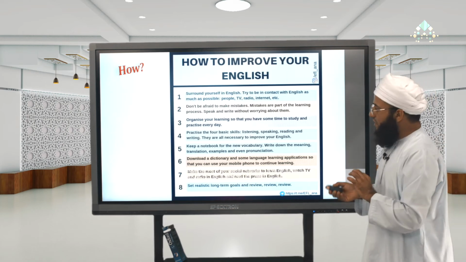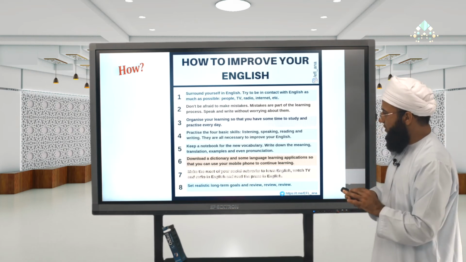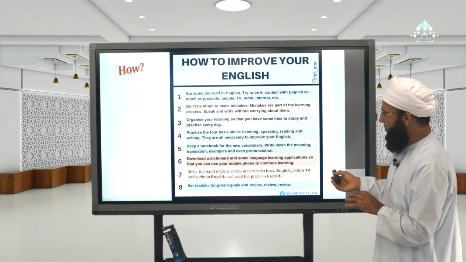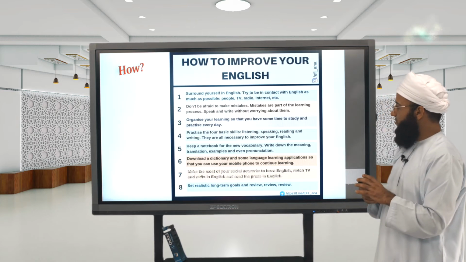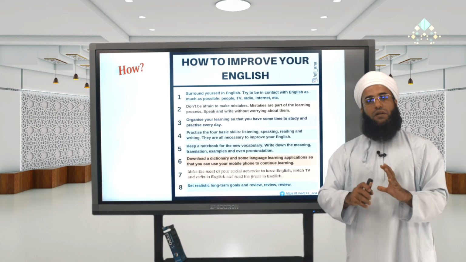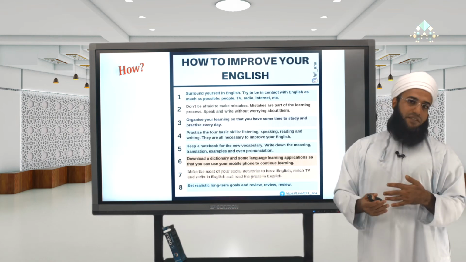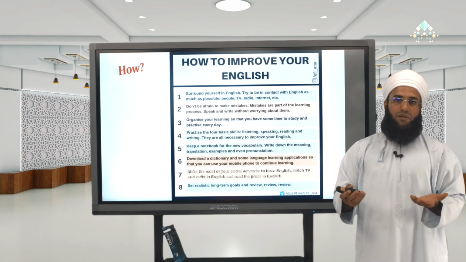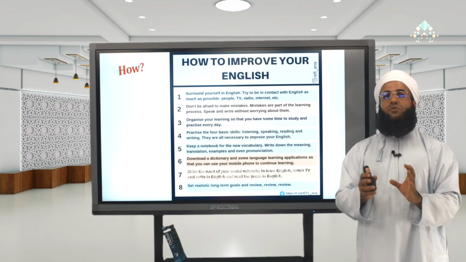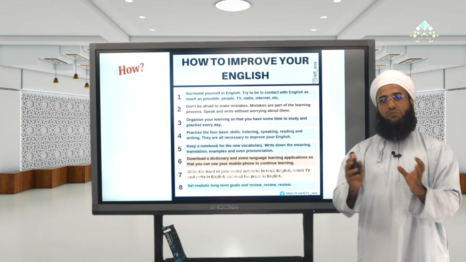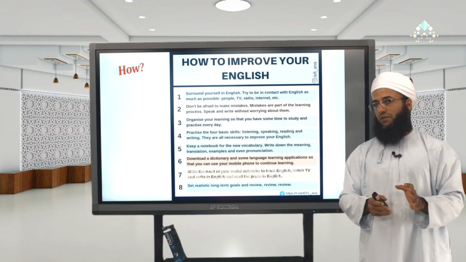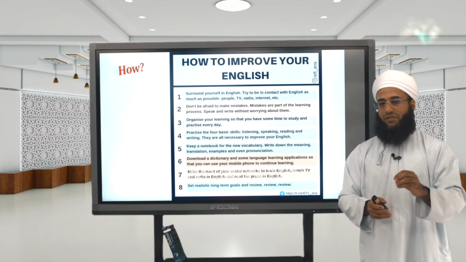Next. What is it? Download a dictionary and some language learning applications so that you can use your mobile phone to continue learning. Learning English now is becoming easier and easier because there are so many sources available online, and most of them are free.